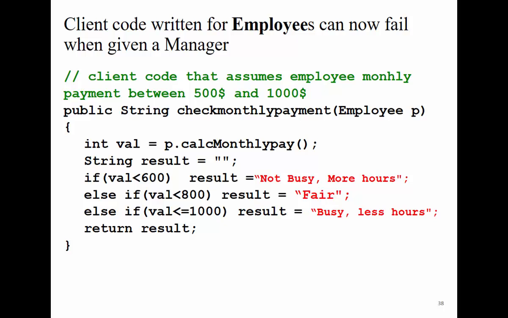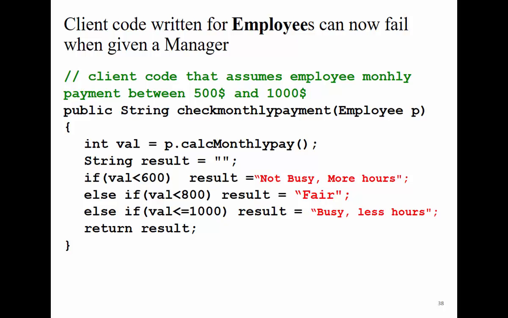So the code written for Employee can now fail when it's given a Manager. For example, you try to create one method using polymorphism, and you send an employee as an object, you calculate the monthly pay, and then you have some kind of notice whether this employee is busy, or you need to shift some load from this employee, or give some more hours.